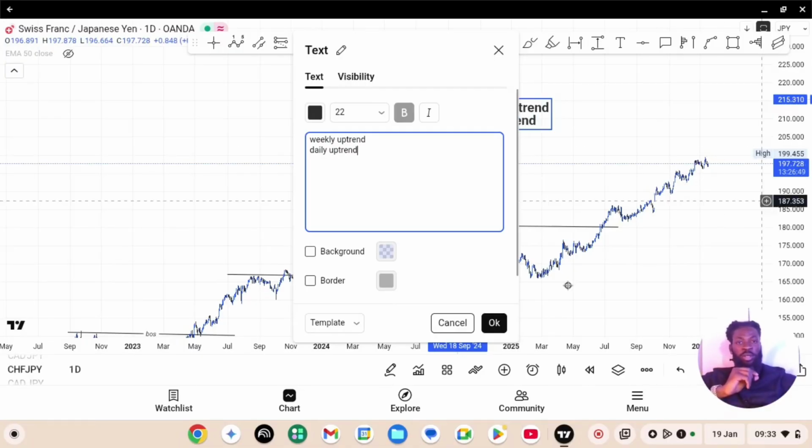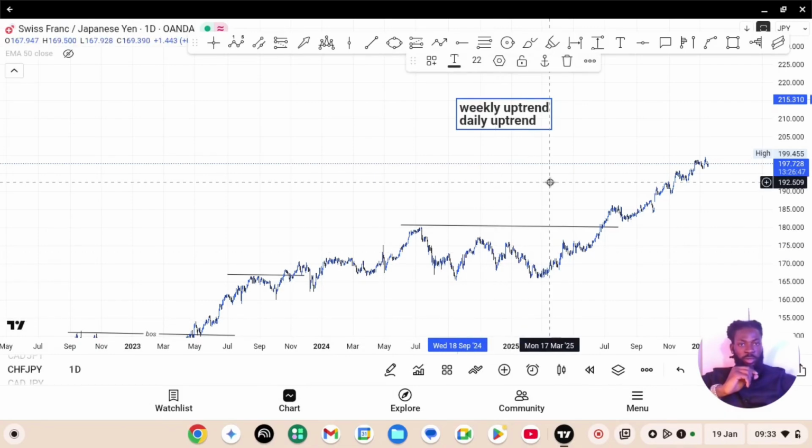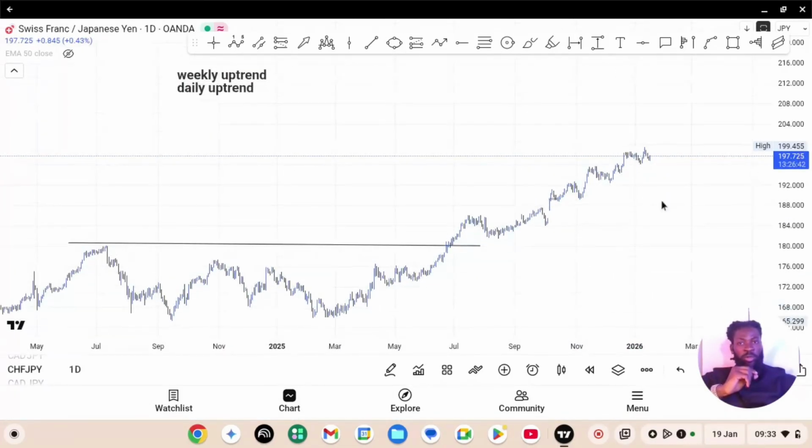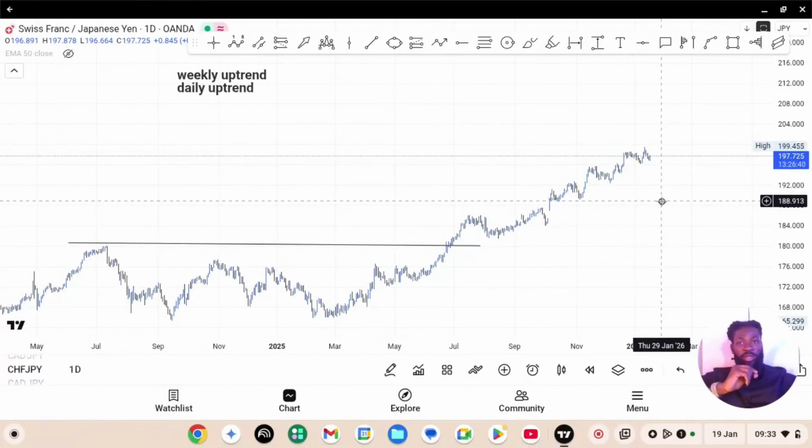The daily is also an uptrend. Are you following? So the weekly and the daily are telling us the market is a clear uptrend. Like I always say, where the bigger time frame is showing you the direction of the market, it's always advisable to trade with the trend.